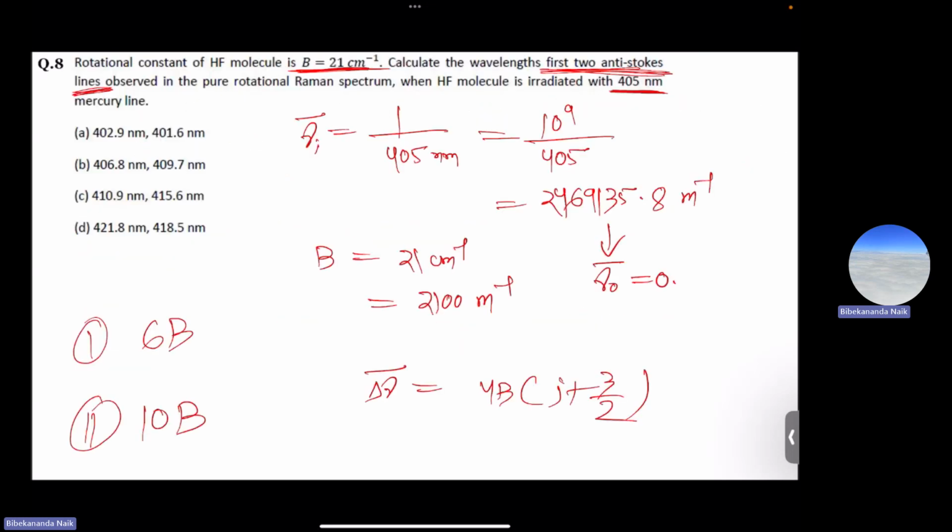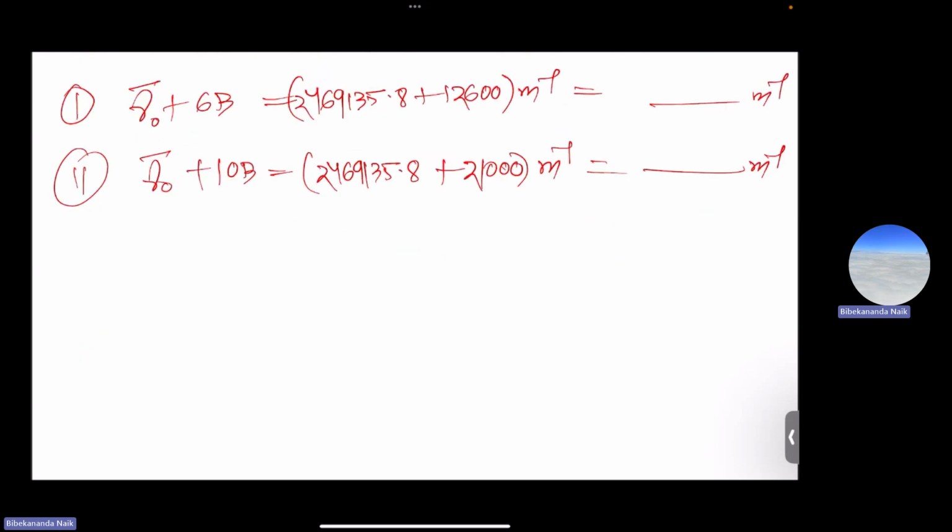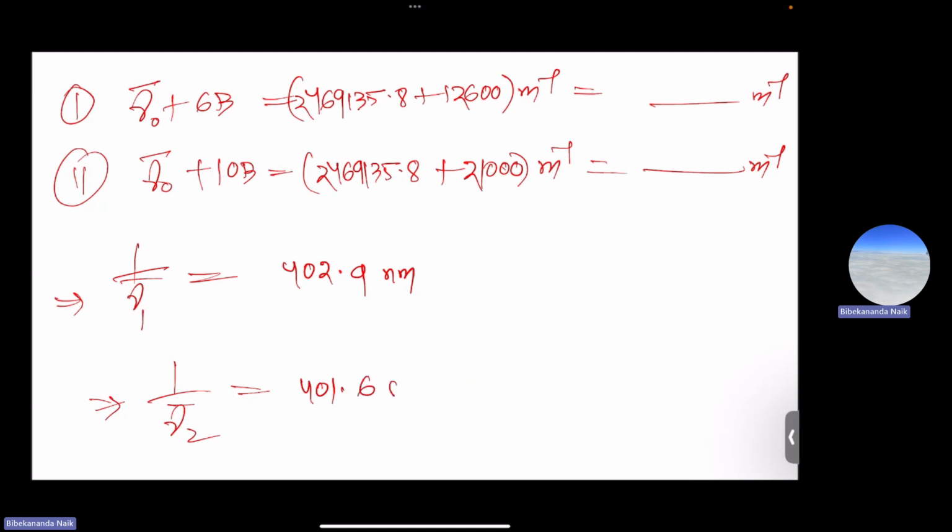Now the question says we need to find the wavelengths. So the wavelengths corresponding to these two lines will be 1 by nu bar 1 and 1 by nu bar 2. One line will correspond to 402.9 nanometer, and another will be 401.6 nanometer.